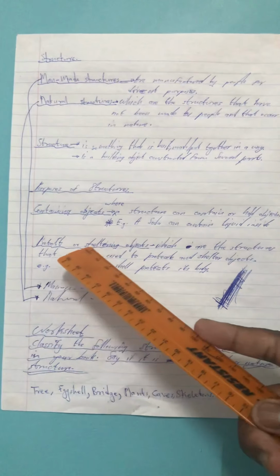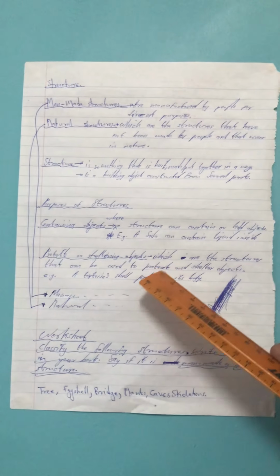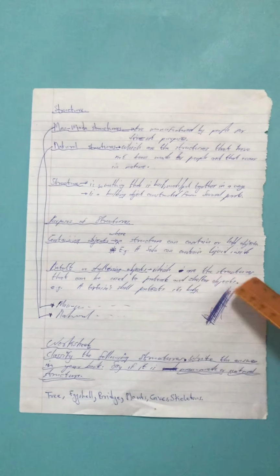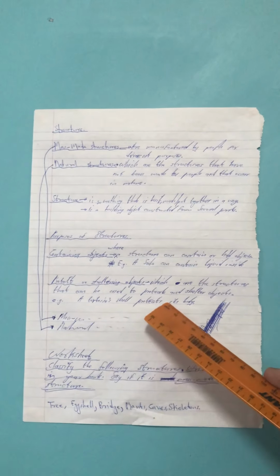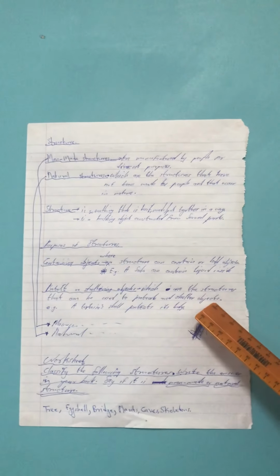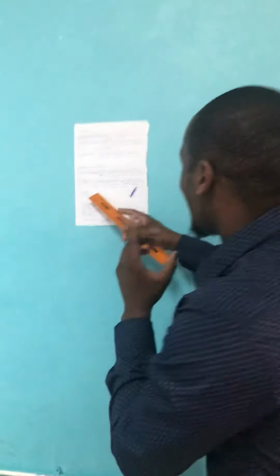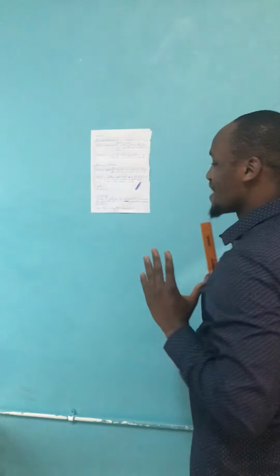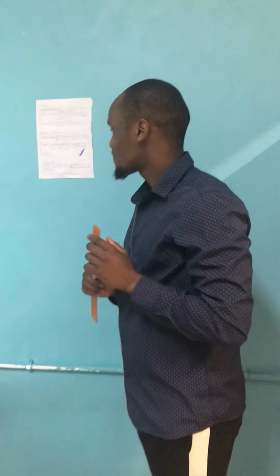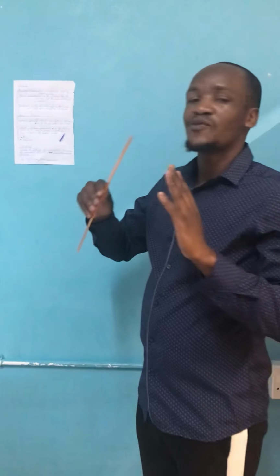Number two is to protect or shelter objects, which are structures that can be used to protect and shelter objects. An example, last time we said a tortoise shell protects its body. Yes, that is what we did in the last lesson.